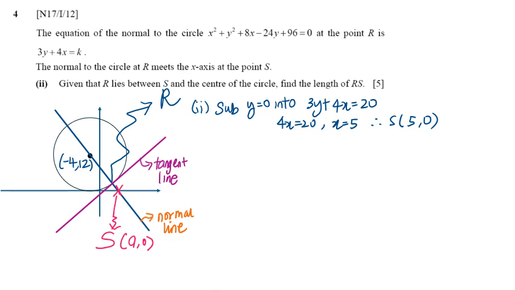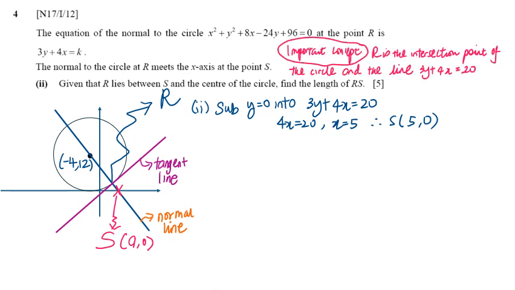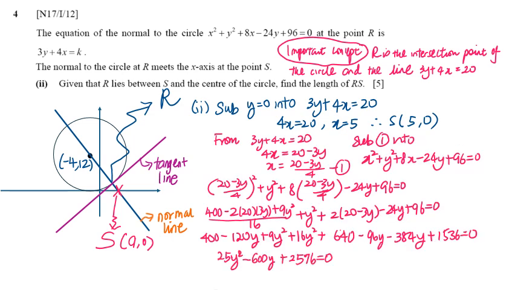This is where I said it's very algebraic and challenging. From the equation of your normal line, you can make x the subject, which is (20 minus 3y) over 4. Then you substitute into the equation of the circle. You have to be a bit more careful to manipulate this part. You expand the numerator, expand the denominator.